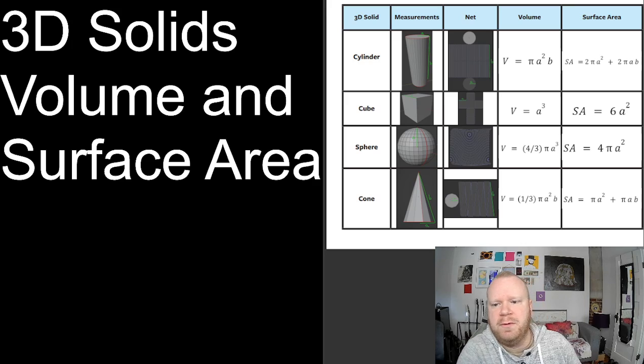What we're going to be going over today is the volume and the surface area of these. Some of these I'm not going to be able to derive or give you an explanation for why the volume is the way it is, or the surface area has that particular formula. So for those, and I'll highlight them in the video, you will not have to memorize those specific formulas.